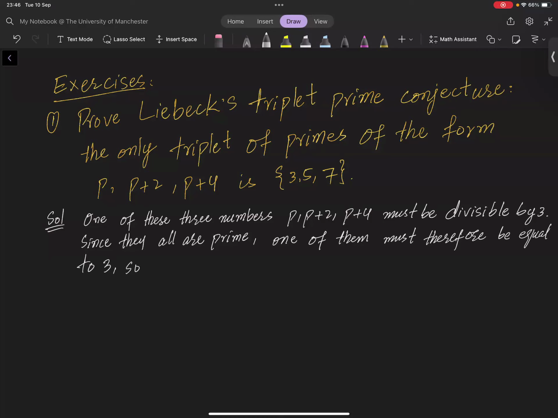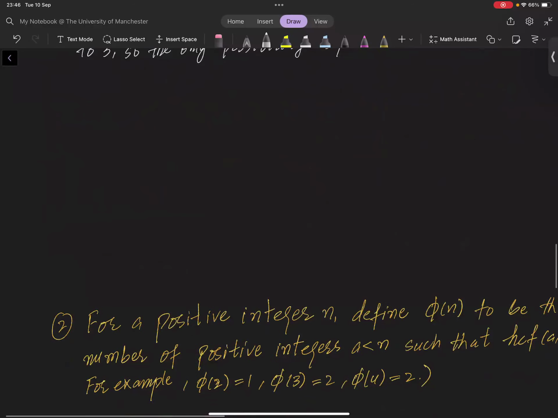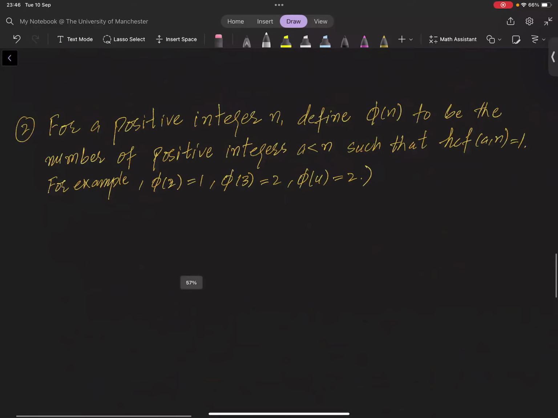So the only possibility is p is 3. Okay, perfect.